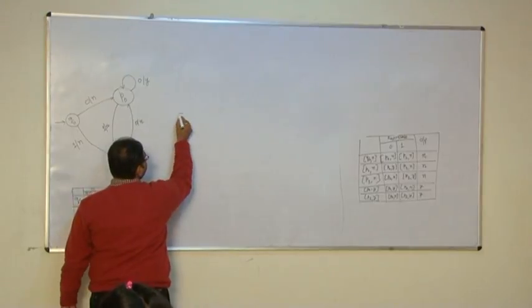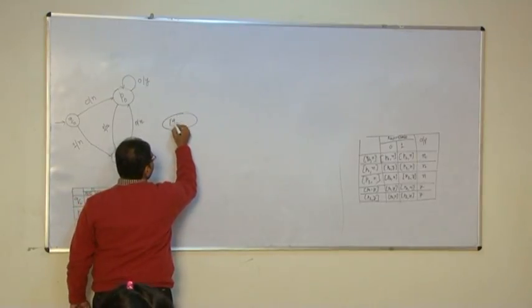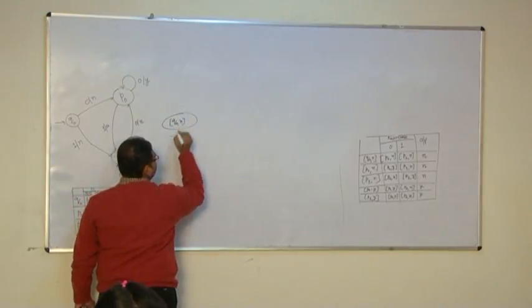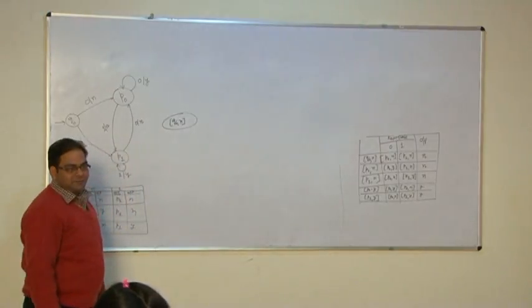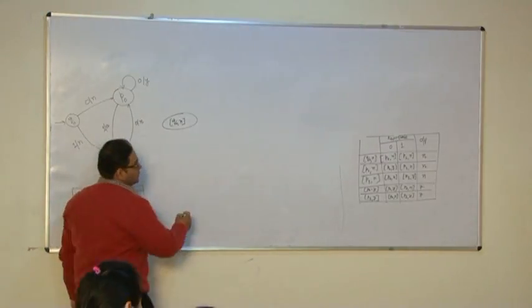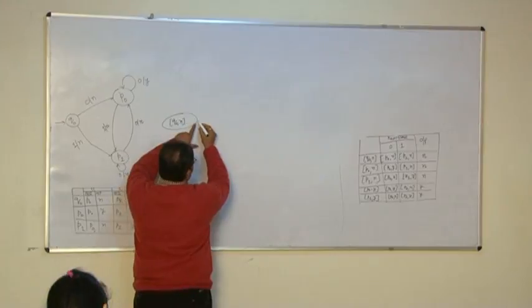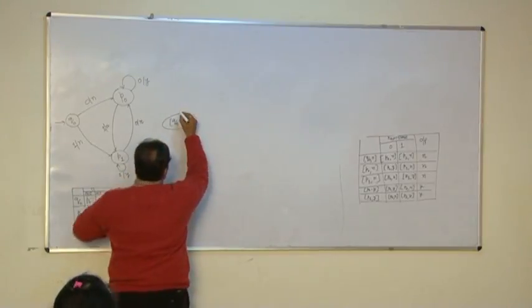Starting with Q node N, we are starting with Q node N, and what will be the output?